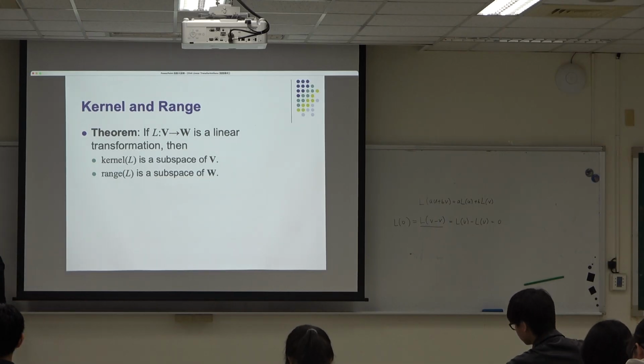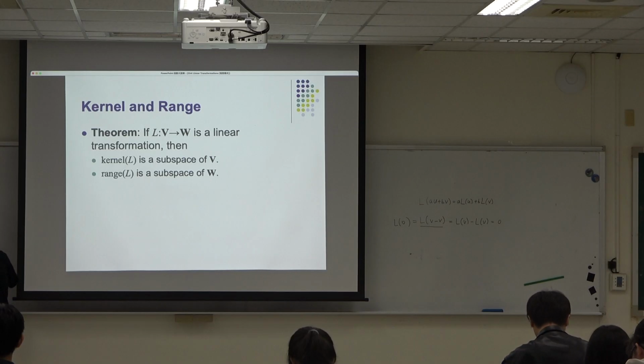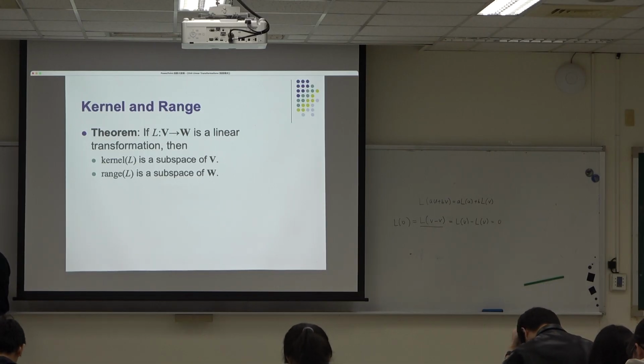So this is going to be L(alpha U plus 0), which is alpha L(U) plus L(0). We know L(U) is 0, so alpha times 0, and the second term L(0) must be 0. So this will be 0.